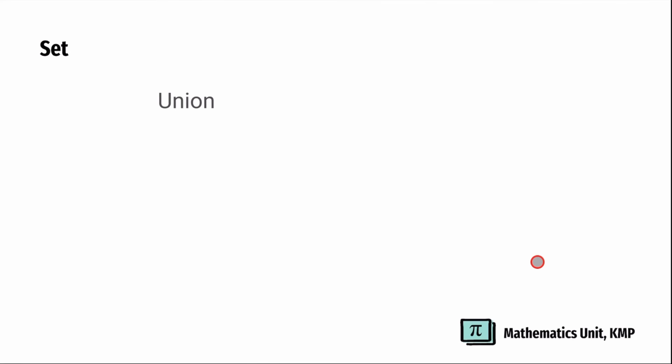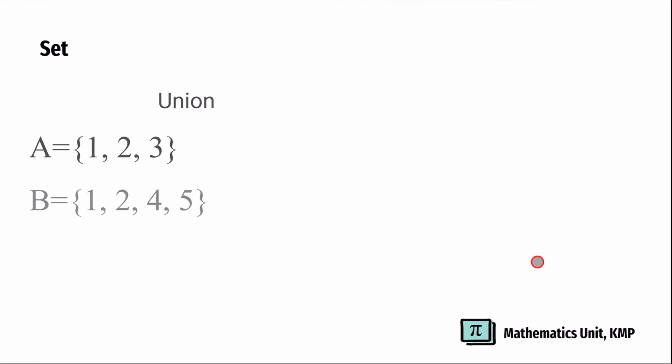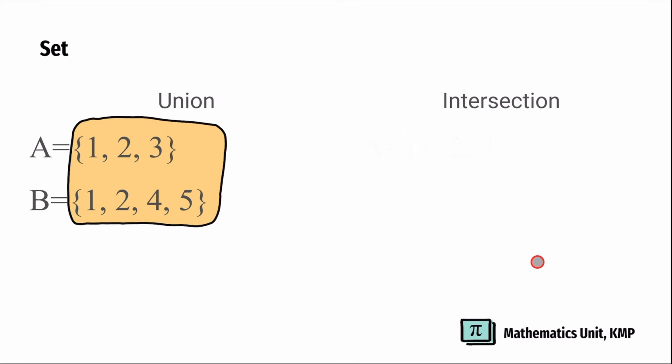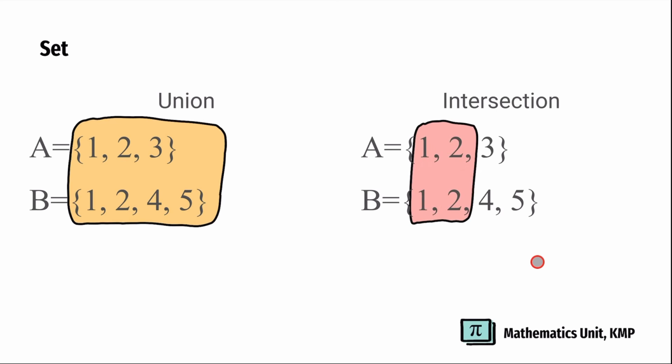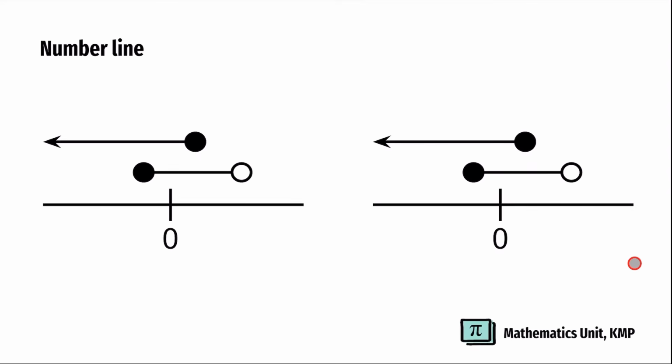Union in terms of set is the collection of all elements. Meanwhile, for intersection, it means the elements that are in both or all sets. Union is the section where at least one line is seen. Intersection is the section where the two graphs or more overlap.